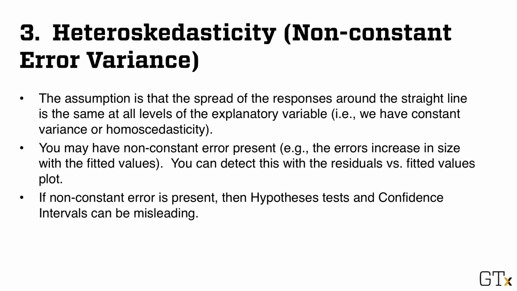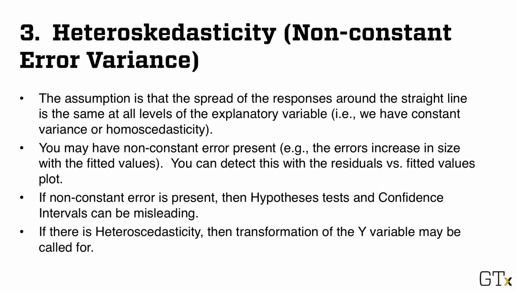And if non-constant error is present, then hypothesis tests and confidence intervals can be misleading. So if there is this non-constant error or heteroscedasticity, then transformation of the y variable may be called for. Example, using the natural log of y or the inverse of y, etc.